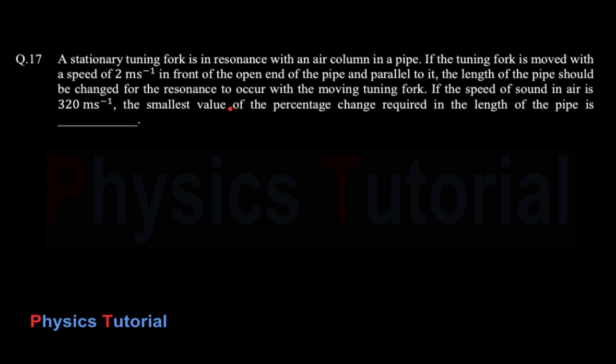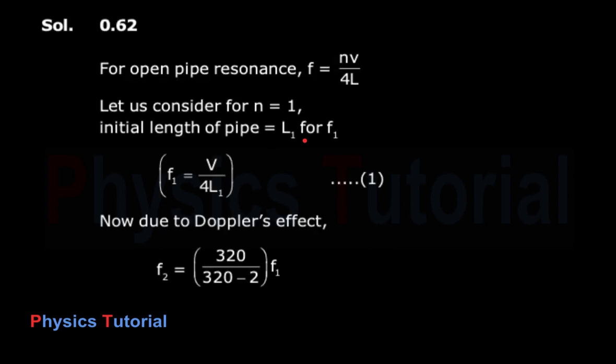So f1 will be v upon 4L, and hence for f2 you can apply the Doppler effect as v0 minus 0 upon v0 minus vs, like this, into f1, and in this way you can calculate f2. So dividing f2 and f1, you will find the ratio of the length, and hence you can find the percentage change in length, that is delta L upon L into 100%, that you have to solve.